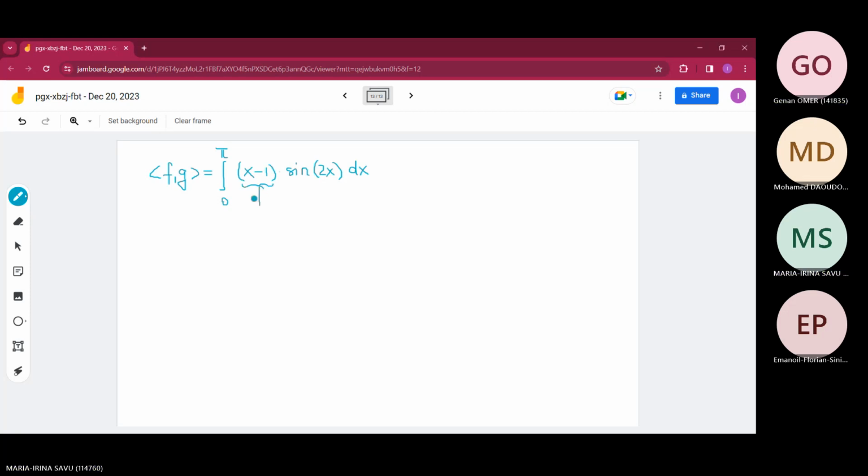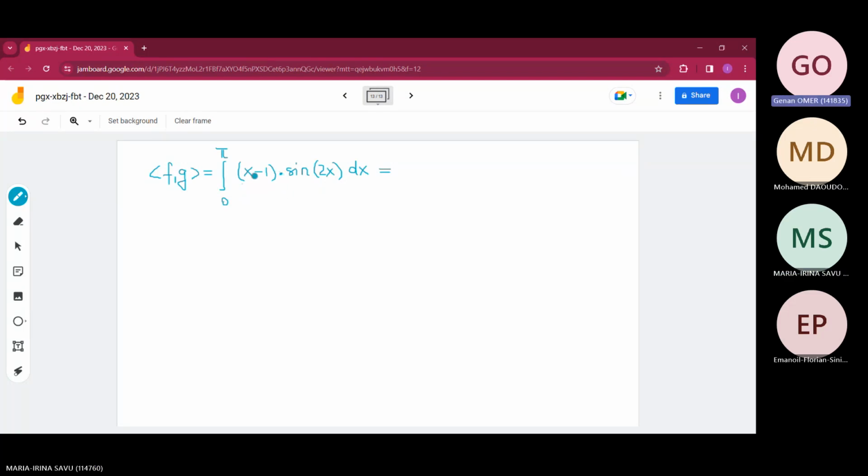What have you done here? We can keep it like this, or we can multiply by sine of 2x and then use the formula for this to compute, and that's it. Just a second. How do you multiply by sine here?